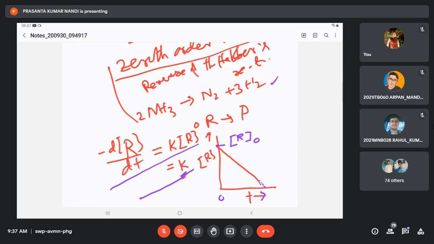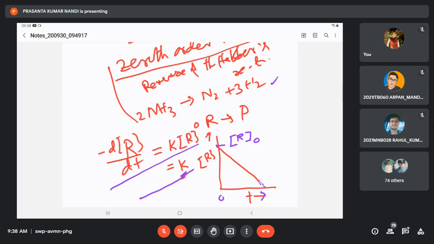But this trend you can expect only for reactant to product if we consider the reaction not reversible, that is unidirectional. Then only it would follow this kinetics perfectly. That means reactant concentration would tend to 0 when time increases, at the limiting value. So for larger value of t, you can expect the concentration of reactant goes to 0.